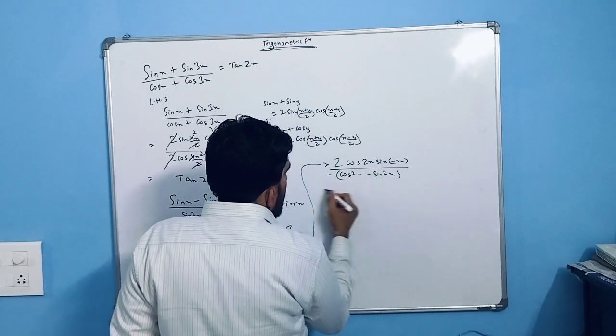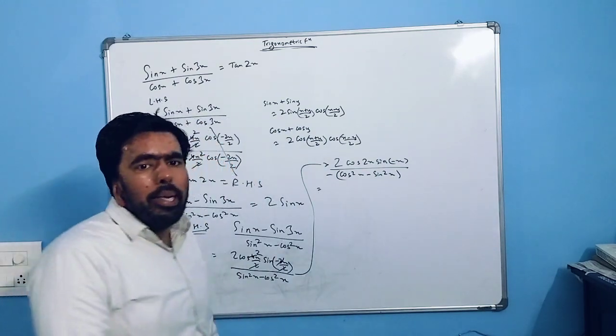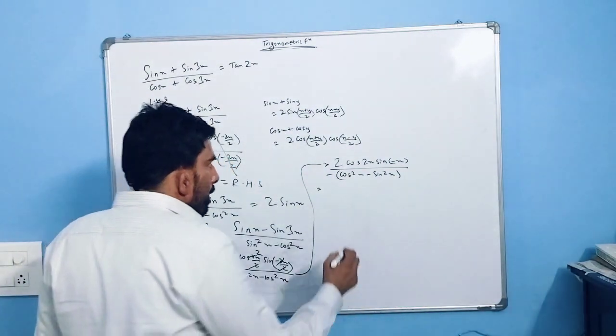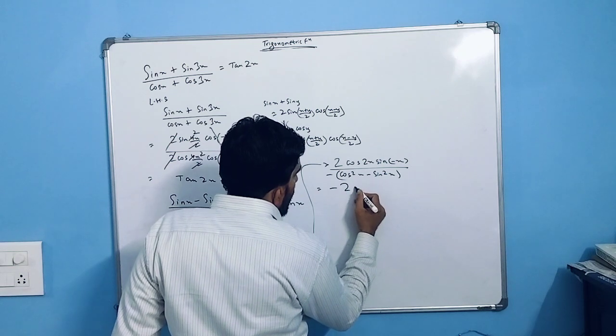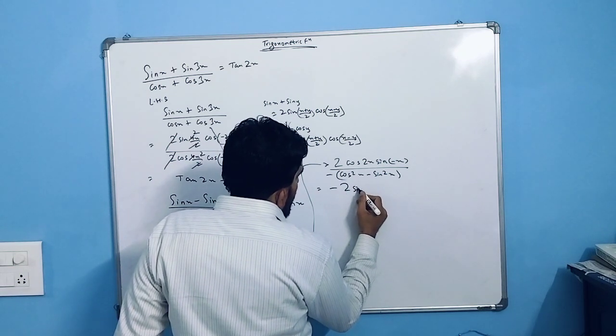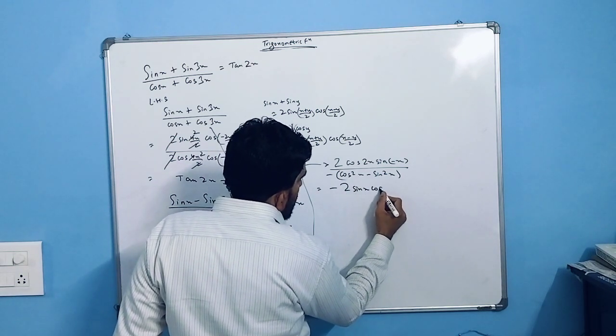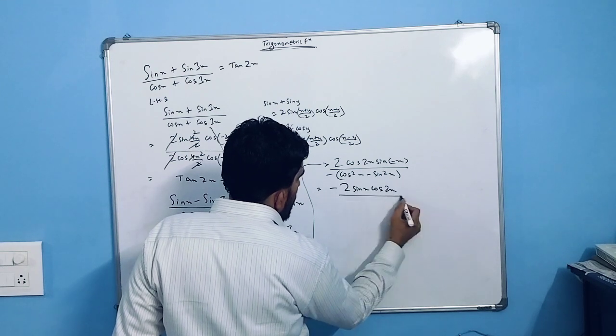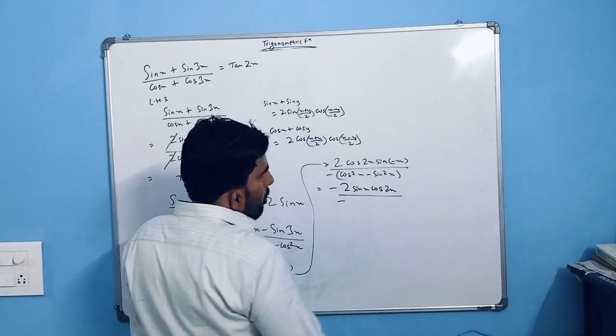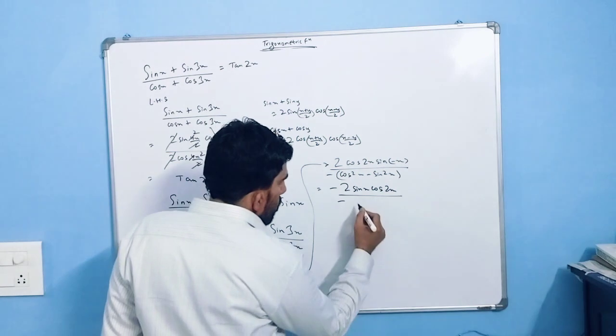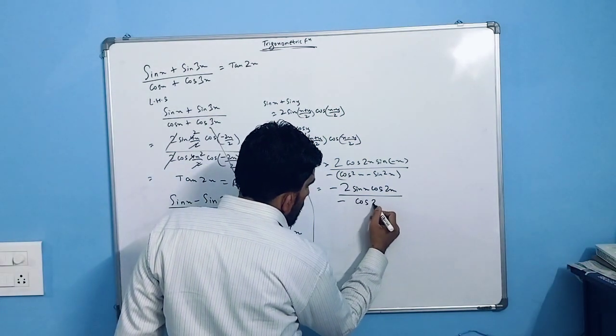Now we all know sin(minus x) is equal to minus sin x. So we get 2 sin x cos 2x. Here also cos square x minus sin square x is the formula of cos 2x.